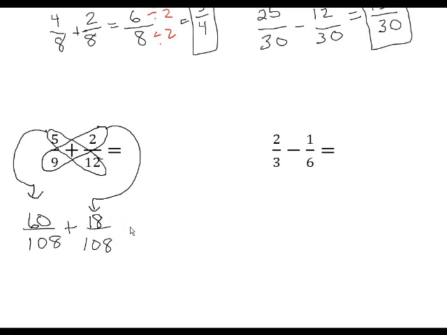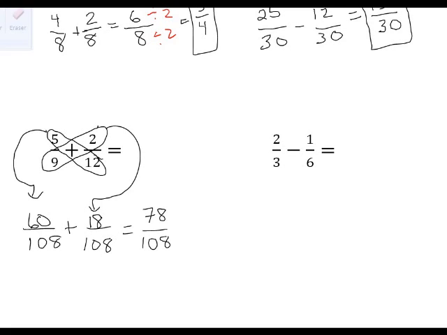Step 4, add or subtract the tops. This is an add problem, so we're going to add the tops. 60 plus 18 is 78. Step 5, don't touch my bottom. And step 6, reduce if you can. You can check the reducing of this, but you can divide the top and bottom both by 6.